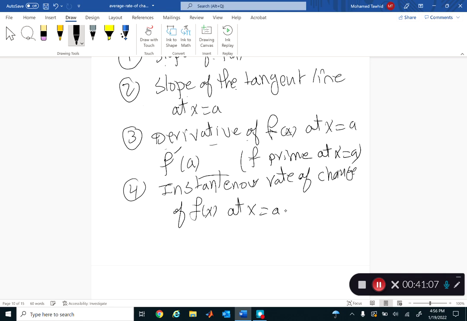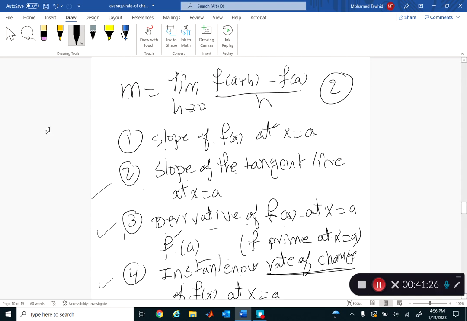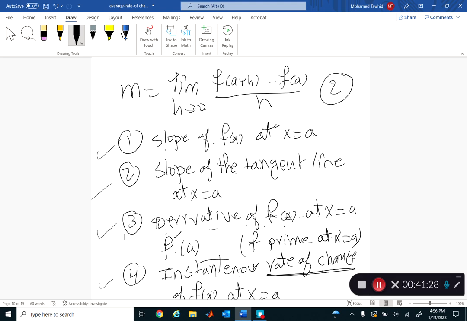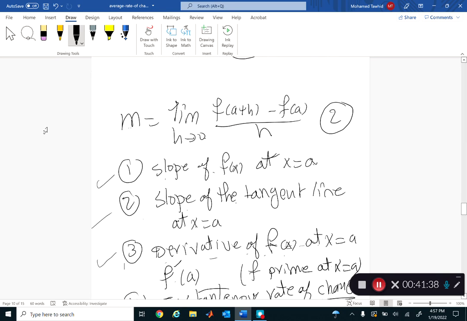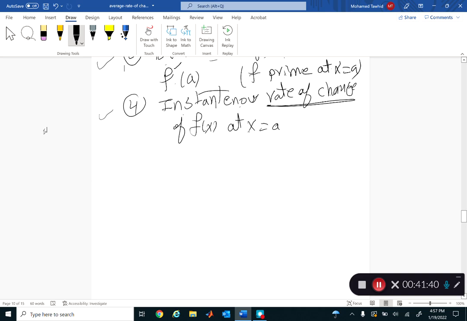So the rate of change over the interval, but here we call it instantaneous rate of change of your f of x at x equal A. The same as the derivative of f of x at x equal A, we read it like this, f prime at x equal A. Here we have the slope of the tangent line at x equal A, and here number 1 we have the slope of your f of x at x equal A. So equation 1 or 2, that is the one we are going to use.